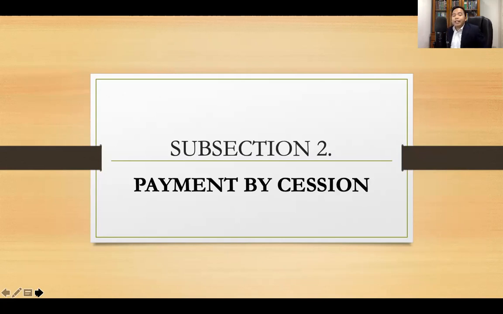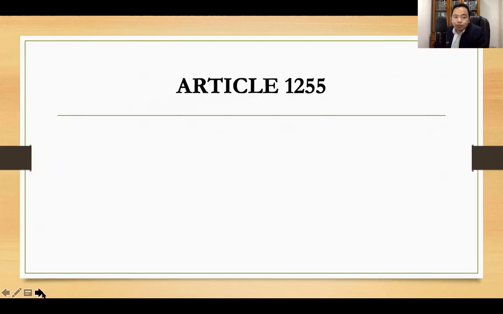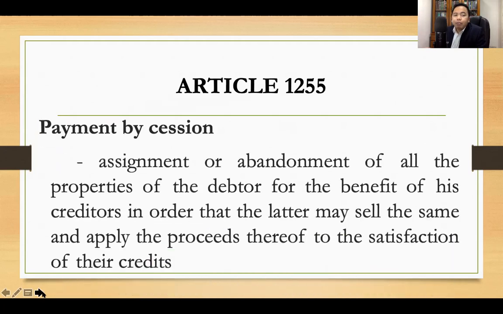Subsection 2 is about payment by cession. This is an important provision of the law. So pay attention to this discussion. Let us go to Article 1255, payment by cession. What is payment by cession?